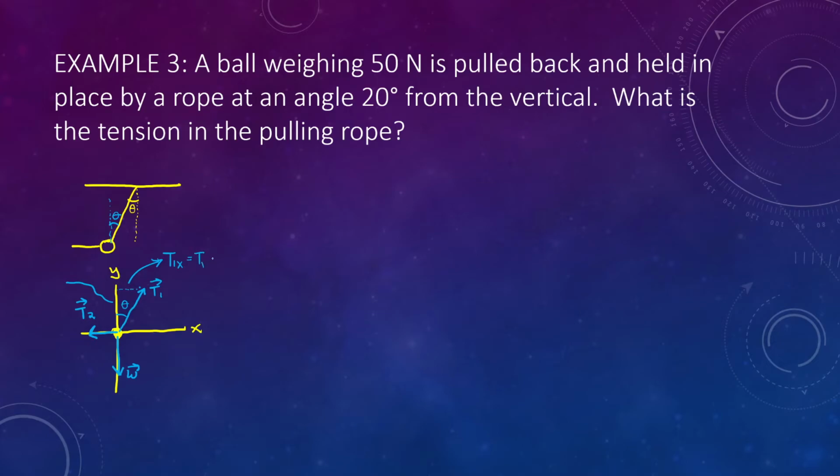So this is going to be T1 sine of theta. And that's probably the worst arrow I've ever drawn. But over here, the vertical component, or the y component, is the adjacent side of the angle. So we're going to use cosine. So we have T1 cosine of theta.